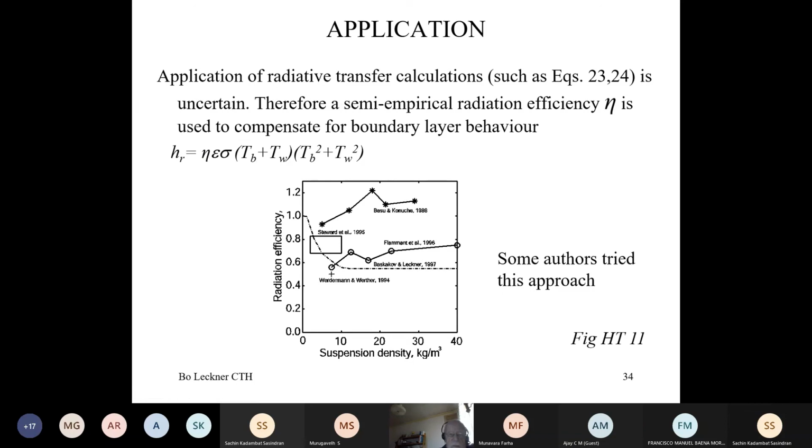But then when you have a thicker suspension density, the wall layer prevents the radiation because the wall layer is thick and it is colder than the core. So the radiation is lower, and it can be estimated. It has been done by some guy called Lechner and Baskakov here.